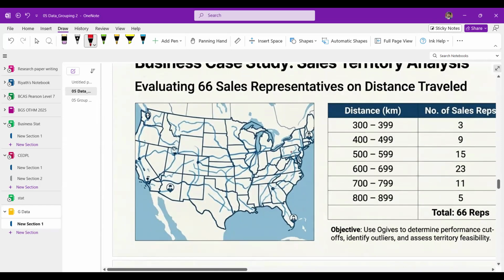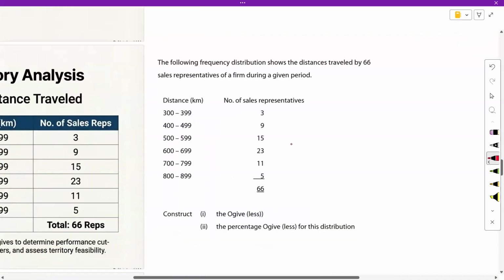The following frequency distribution shows the distance traveled by 66 sales representatives of a firm during the given period. So the total number of sales representatives is 66. They travel across the cities.